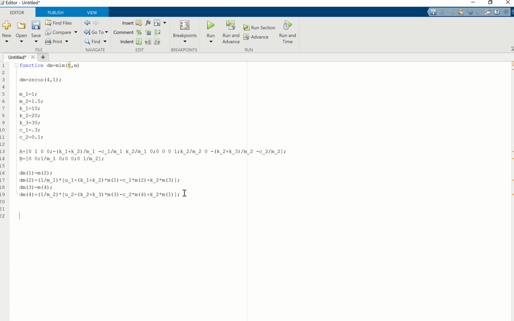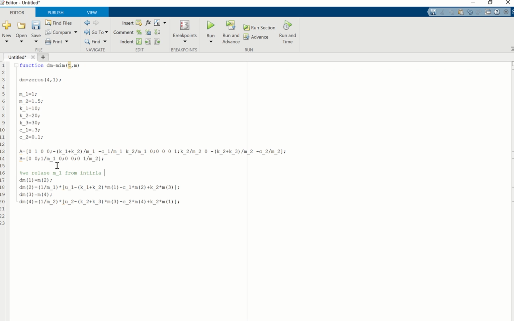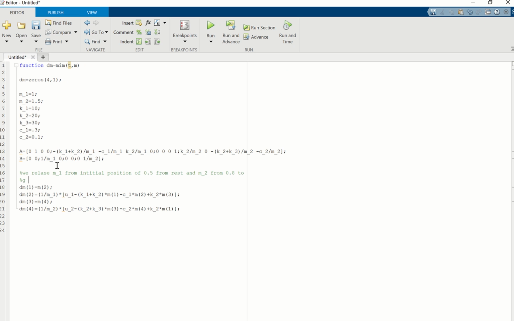Suppose we release m1 from an initial position of 0.5 from rest, and m2 from 0.8 from rest, to go back to the origin.